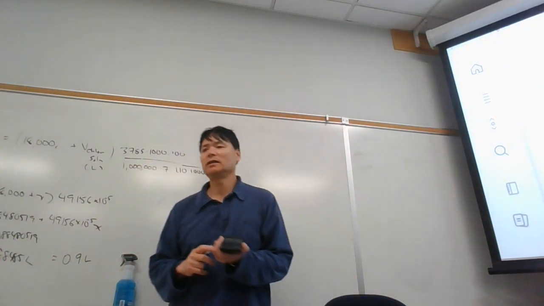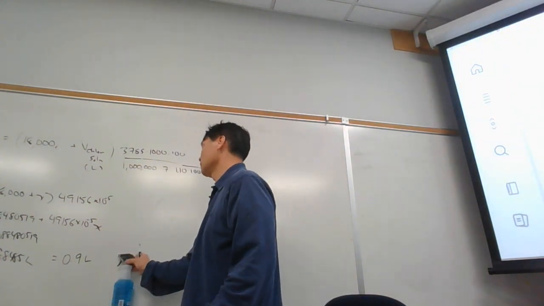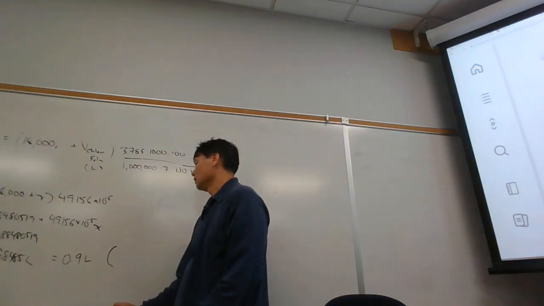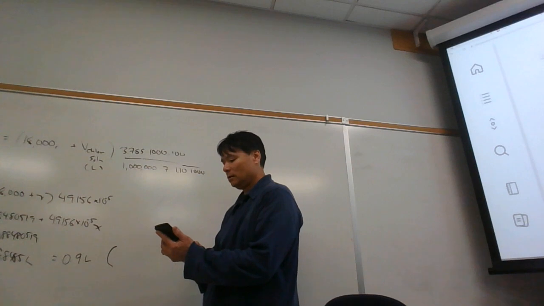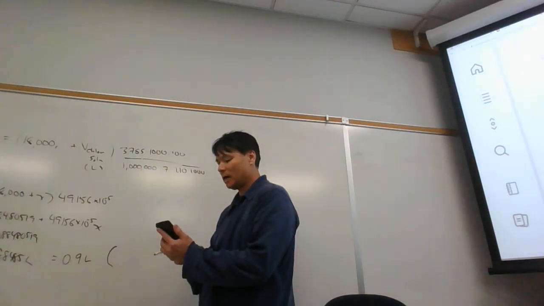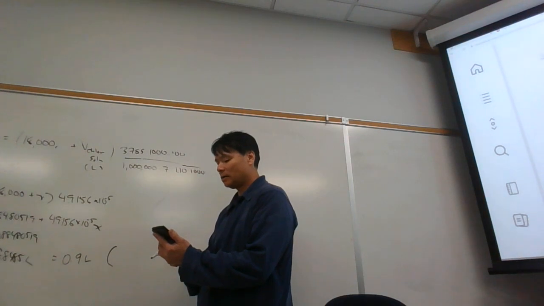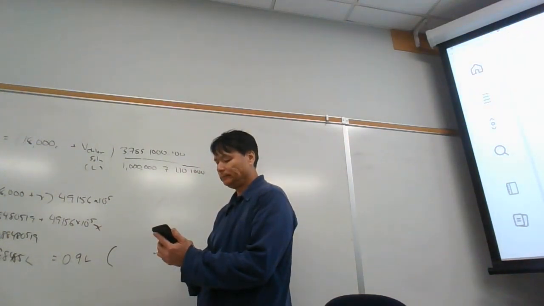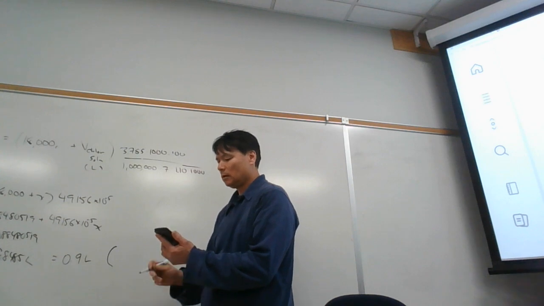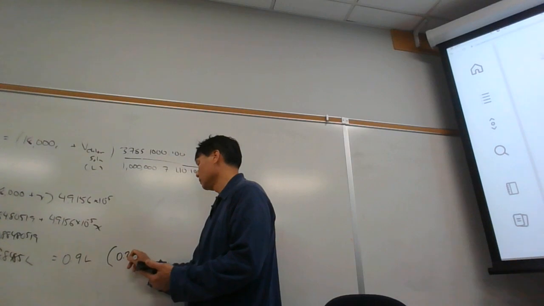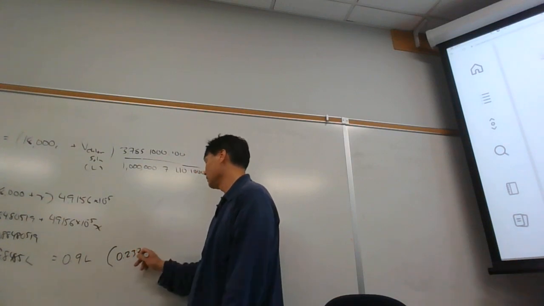Now 0.9 liters, how many gallons is that? Yeah, let's do it. 0.9 divided by 3.785, which comes out to 0.237.